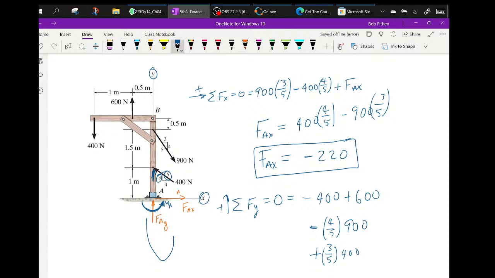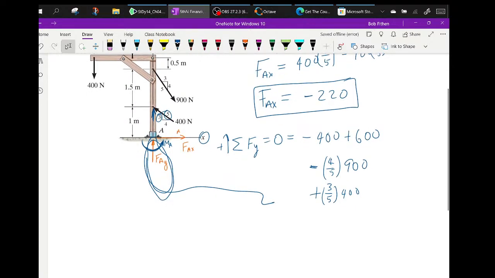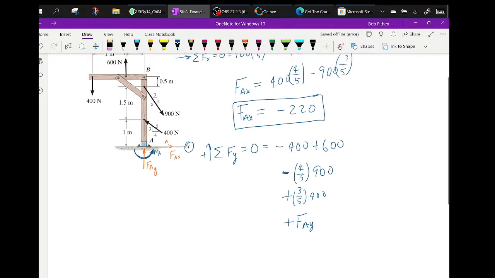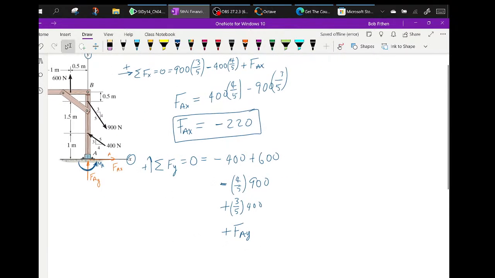And then, lo and behold, I've got the ground's force going in the positive direction. I'm going to use the magic of the pen here.